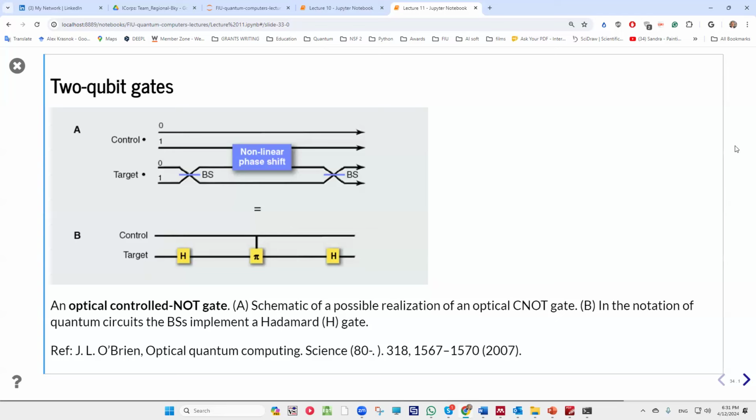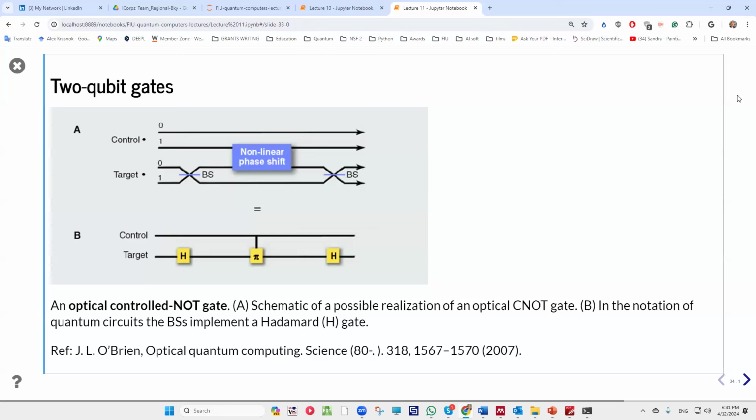It works. It was realized in experiments. Unfortunately, this scheme is not scalable well. Like if you put another qubit like this, okay, you can achieve similar functionality, but this output from the first one likely won't be sufficient for the second gate like this, and so on.